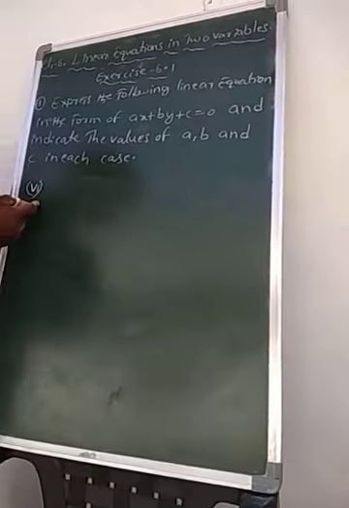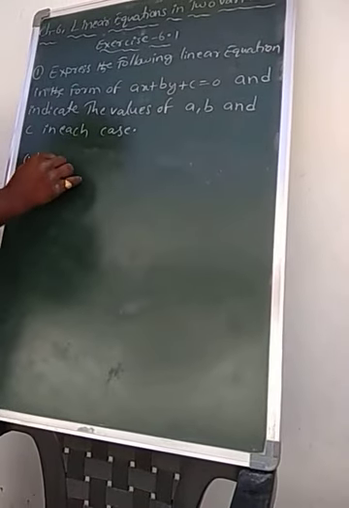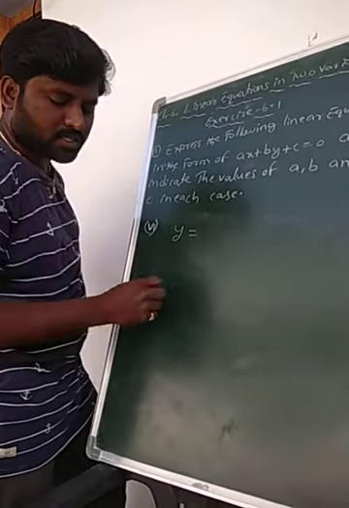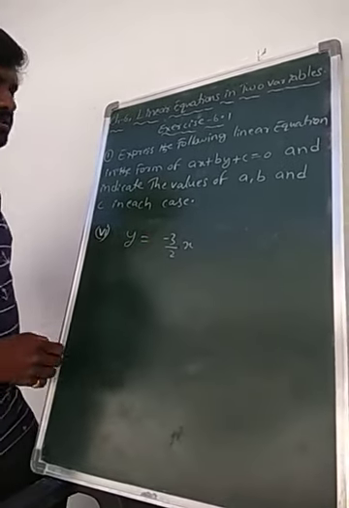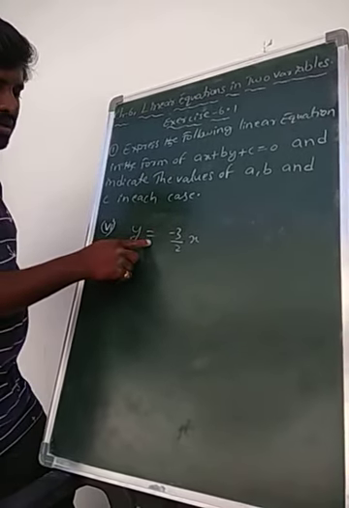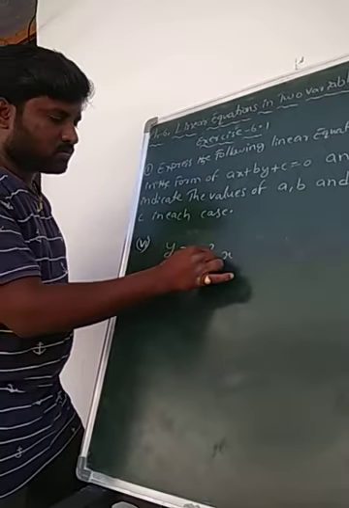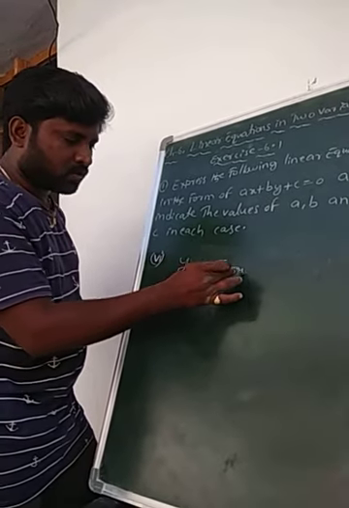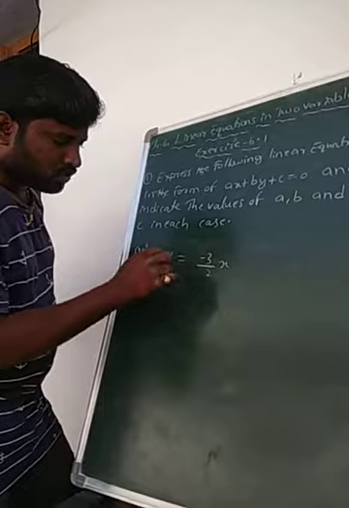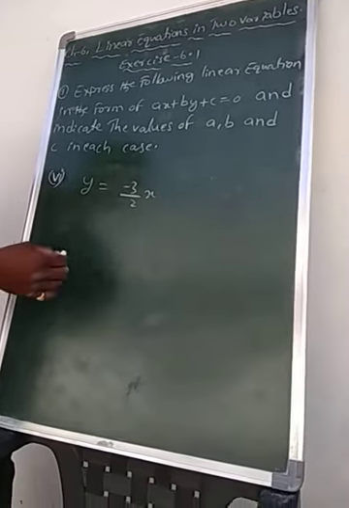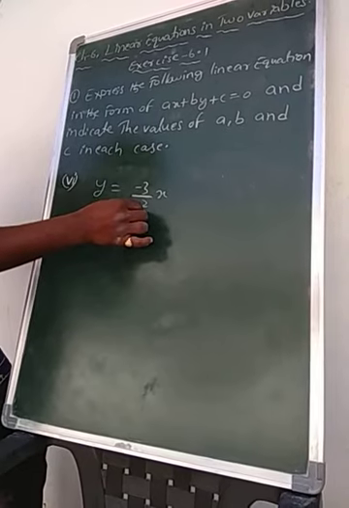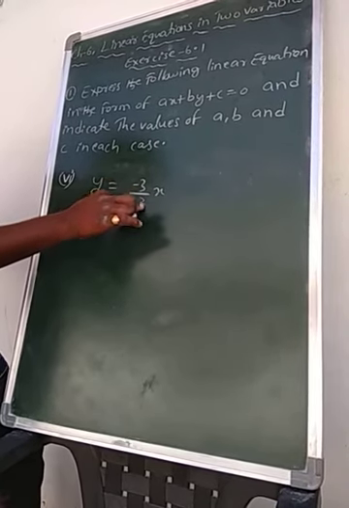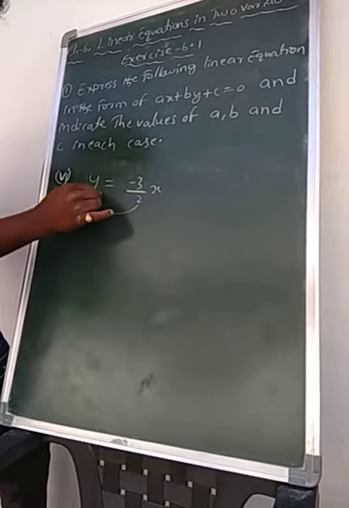Next question number 6. The question is given like this: y is equal to minus 3 by 2 of x. So what I am doing here, transposing 2, only 2, to the LHS side.